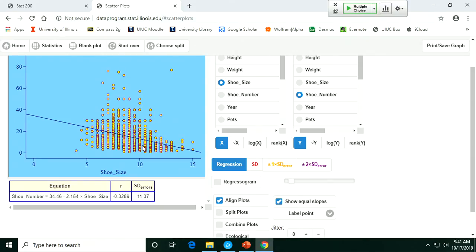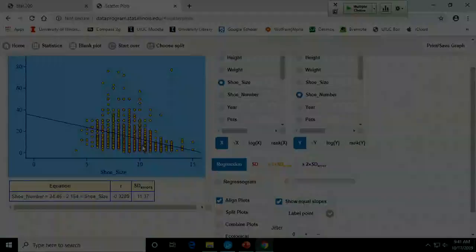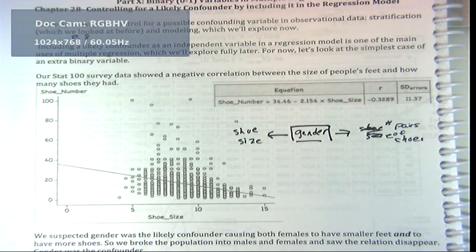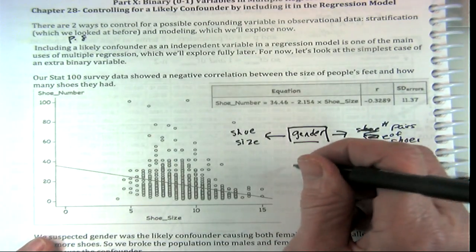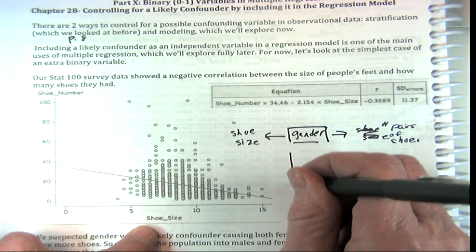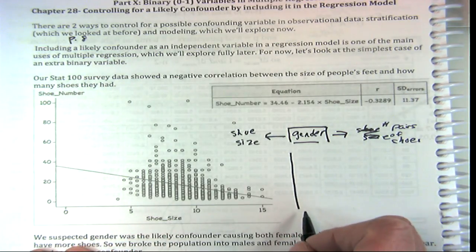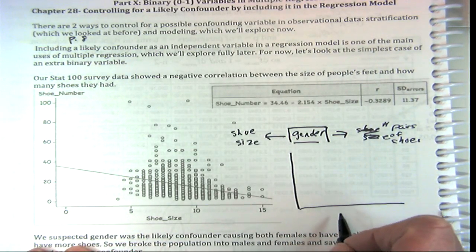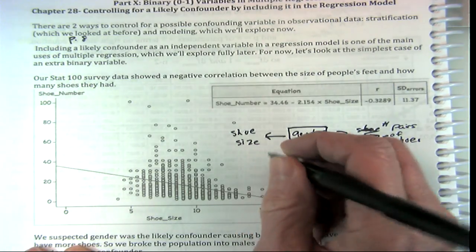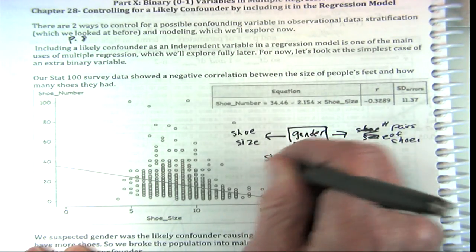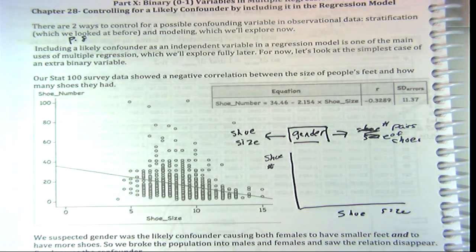So let's write it down. Let's go back to our document camera, and so you can remember this, let's do a very exaggerated version of that plot you just saw. It's really exaggerated, but it helps you remember what confounding is. This is shoe size, and this is the number of pairs of shoes.